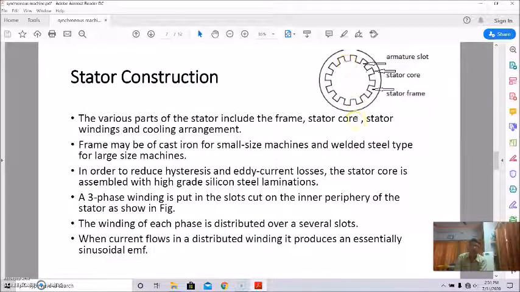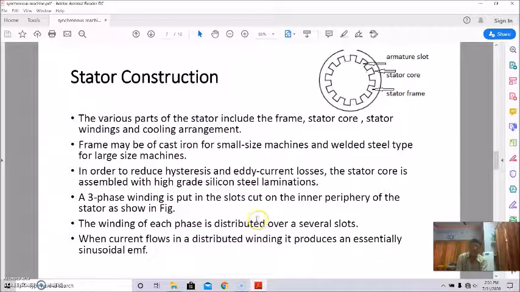So various parts of the stator include the frame, stator core, stator windings, and cooling arrangement. The frame may be cast iron for small size machines and welded steel type for large size machines. And in order to reduce hysteresis and eddy current losses, the stator core is assembled with high grade silicon steel laminations.